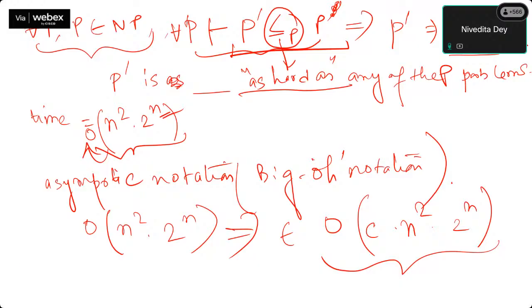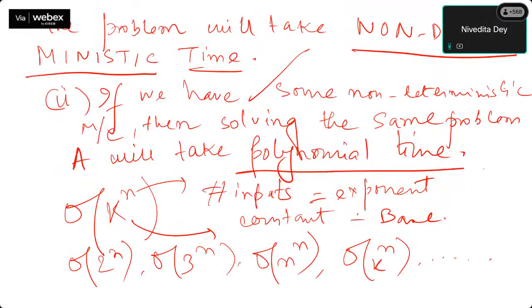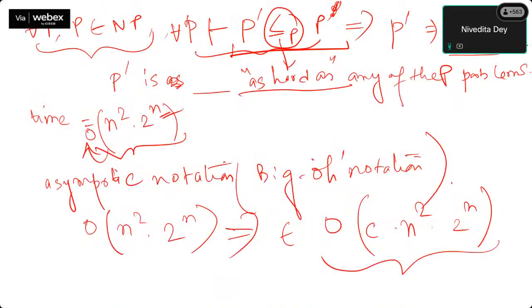If any complexity is like 2 to the power n, 3 to the power n, 4 to the power n, k to the power n, n to the power n, or n factorial, then these problems are called NP-hard problems, where of course the traveling salesman problem, TSP, is one of those.